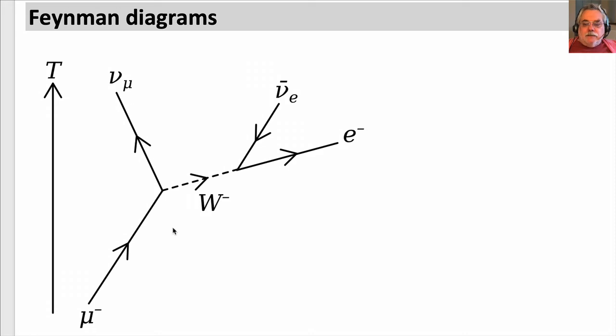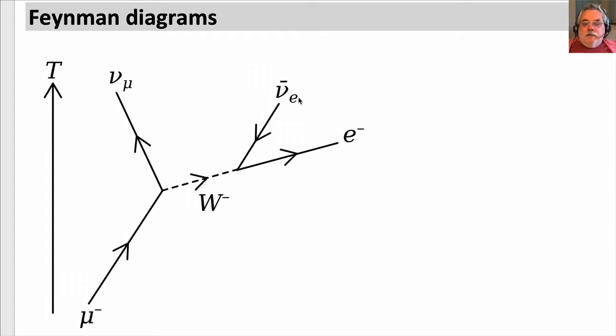The first vertex conserves electrical charge -1, lepton number 1, and the lepton family numbers. Then at the second interaction vertex, the W minus boson decays into 2 particles via the weak interaction, an electrically negatively charged matter electron and an electrically neutral antimatter electron antineutrino.